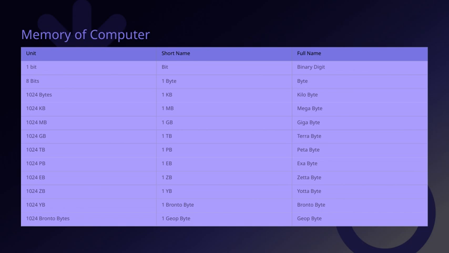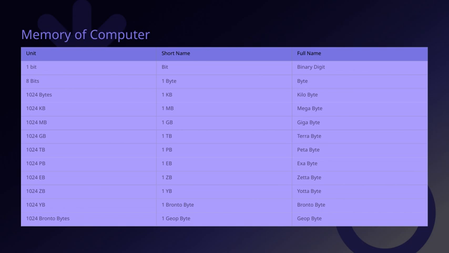Next, 1024 GB is a terabyte, or TB, which is often used to describe large storage capacities, such as external drives or data centers. This pattern continues with petabytes, exabytes, zettabytes, and yottabytes, each increasing by a factor of 1024. Beyond that, there are even larger units like the brontobyte and geobyte, which are more theoretical or used in very specialized contexts.